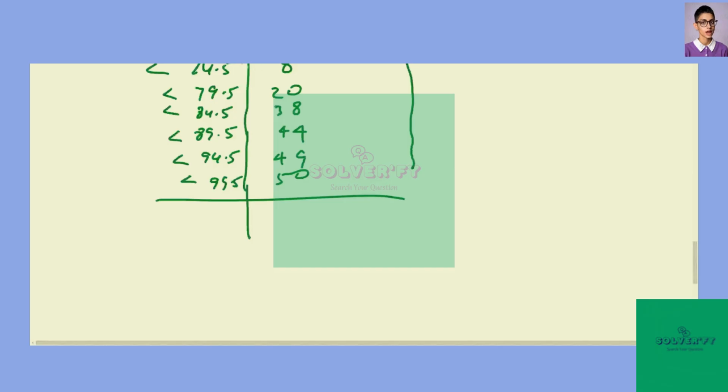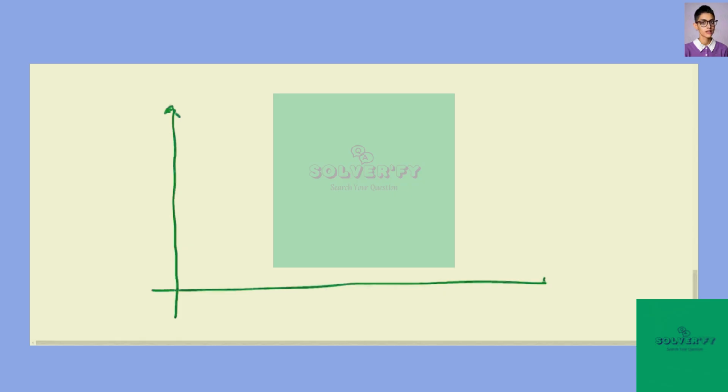So we have blood glucose levels, and we have cumulative frequency.